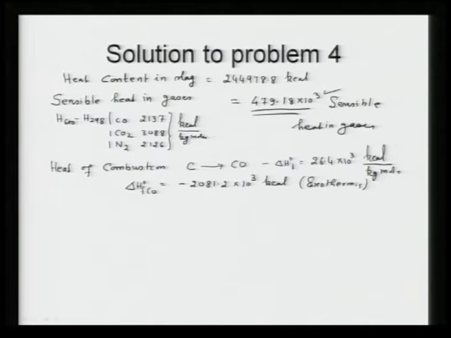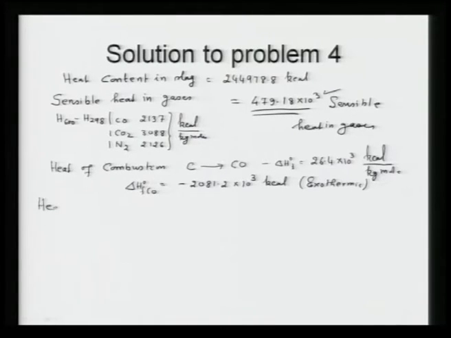Now, also you have to see, while doing the heat balance, the heat evolved or absorbed in reduction reactions. In reduction reactions, Fe2O3 is reduced to FeO, FeO to Fe, SiO2 to silicon and so on.